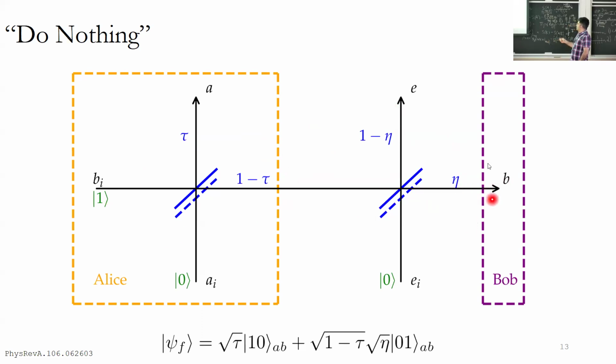As I said, the transmittivity is eta, and obviously this goes to dump. And then you have Bob, who receives this state. But the final form of the state is something like that. And so this tau here and eta here determine how much of the state Alice and Bob get and what the entanglement is here. So this is, as I said, more like a quantum optics language.